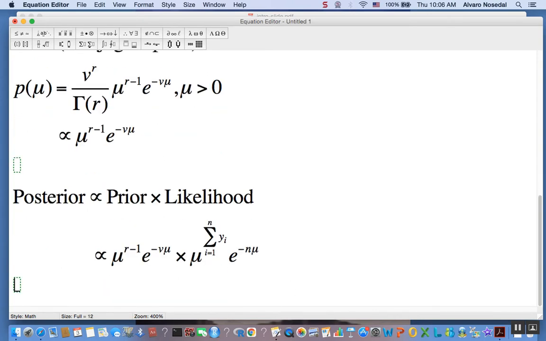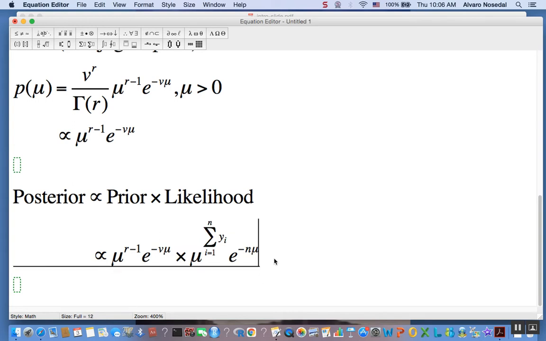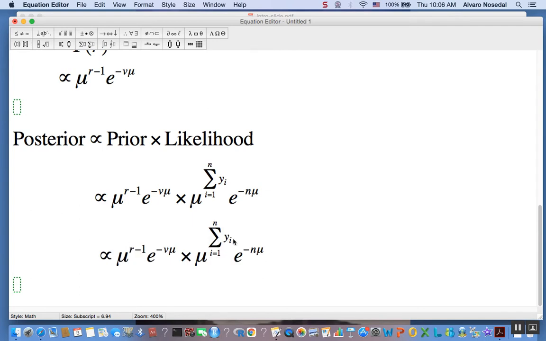So in the end, as you can see, what we're going to have is something that is proportional to this. We could combine these two terms, right? So we could have plus r minus 1.